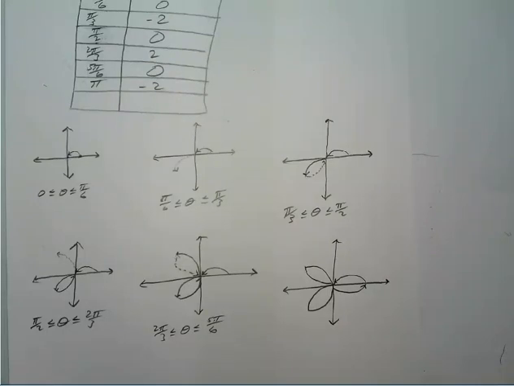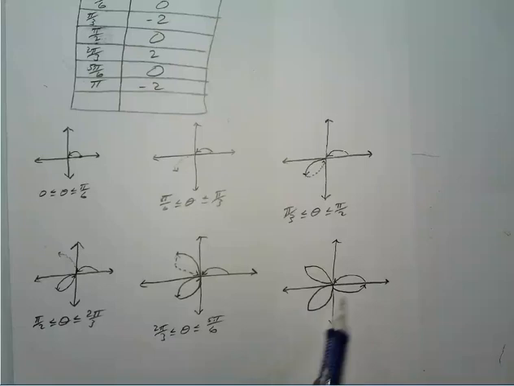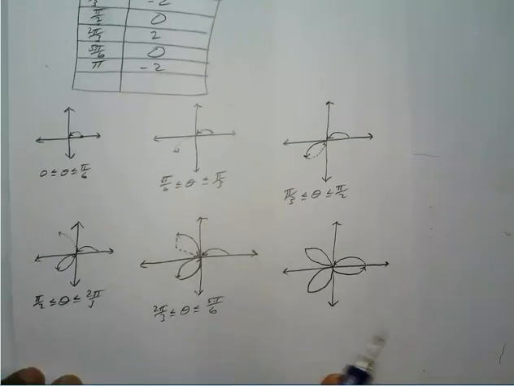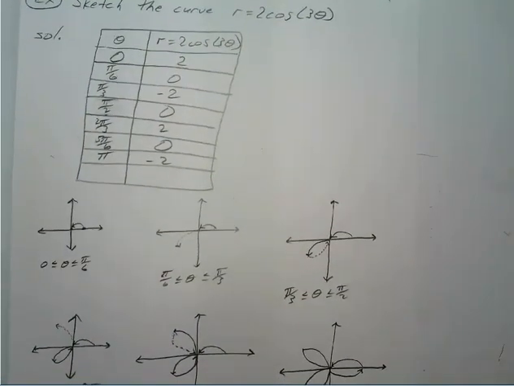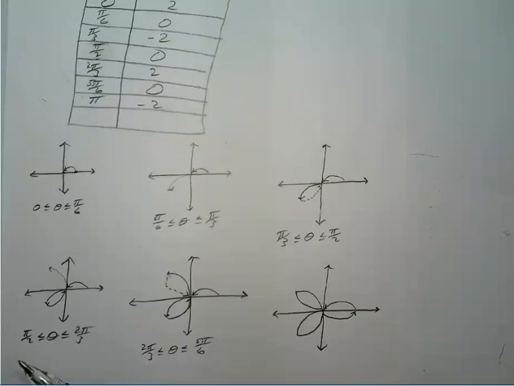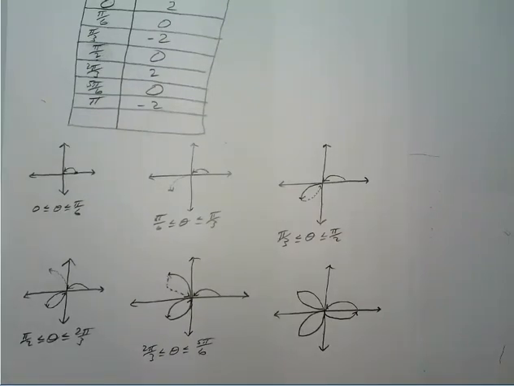Okay, so it's not a perfect looking sketch. All of these actually should be equal in size. But if you're looking for a sketch and not a perfect drawing, this is how it will look. And if you just plug that into your calculator, r equals 2 times cosine of 3 theta, and put in your parameters for theta, you'll see it'll look somewhat like that.